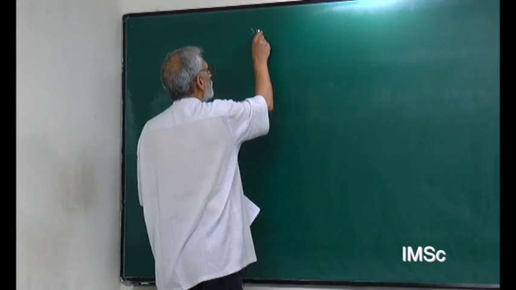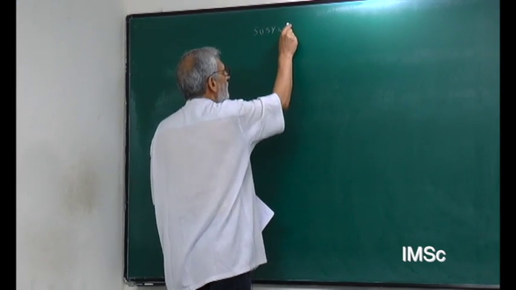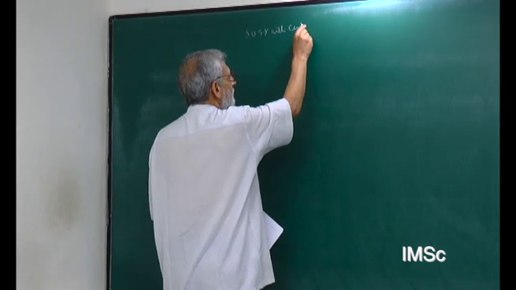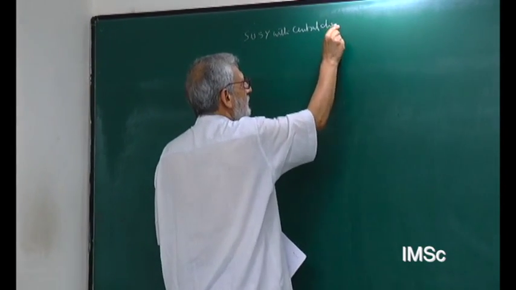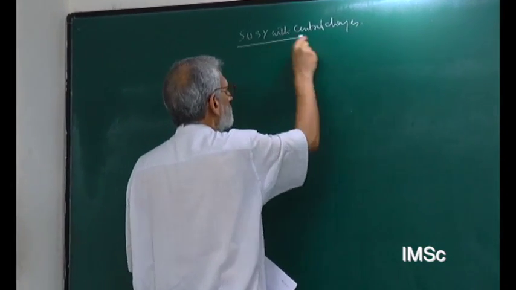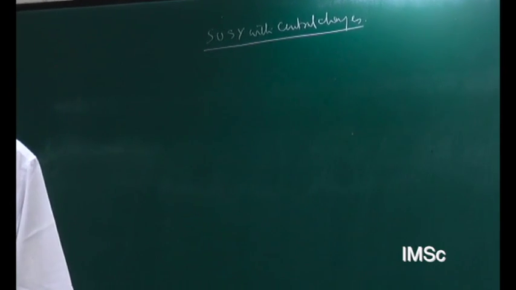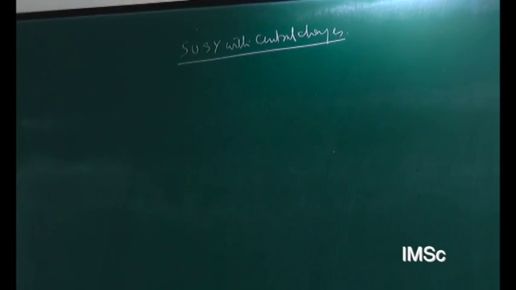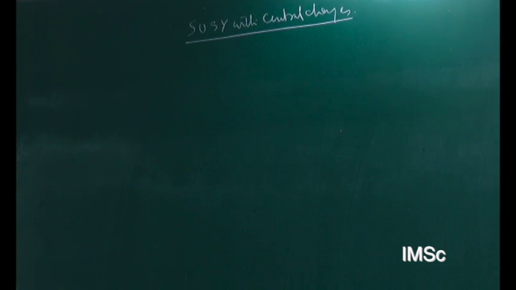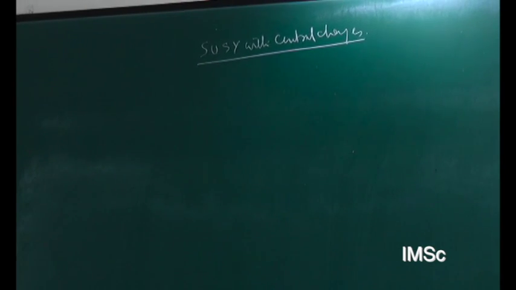So, SUSY with central charges. In particular, we started with a discussion of N equal to 2. For N equal to 1, there are no central charges, so there is nothing to discuss.